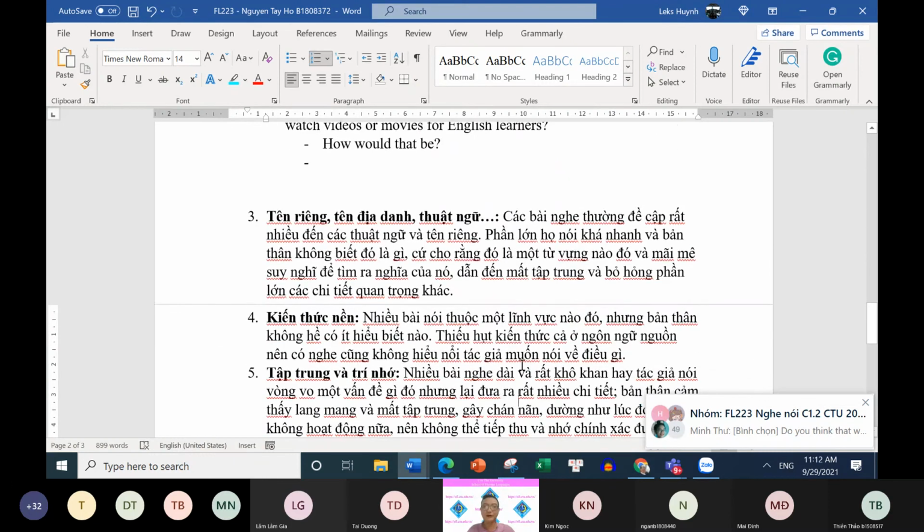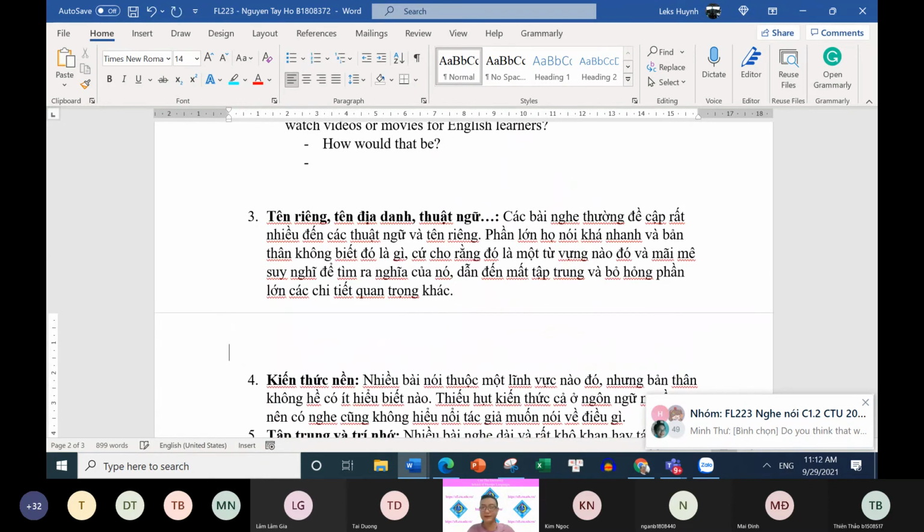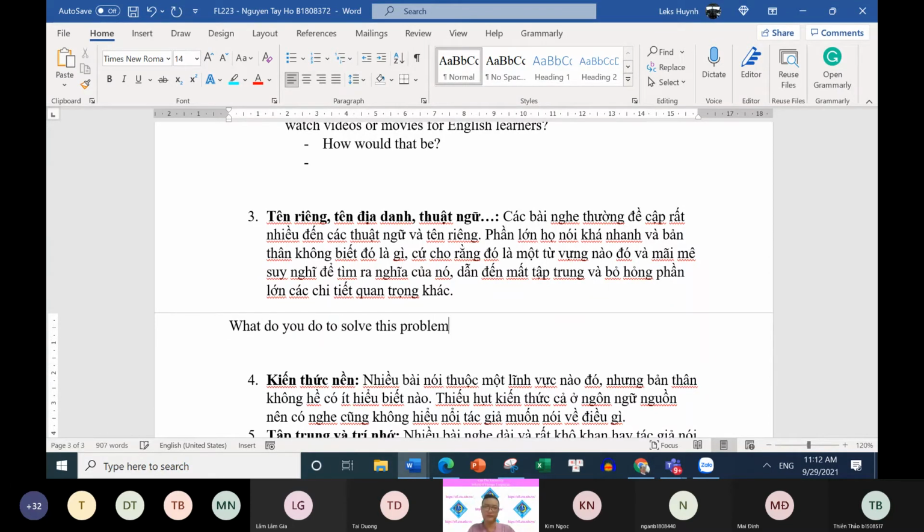So we need to move on a little bit further because if not, we don't have enough time. So if you have problems with personal names, names of places, or basic concepts, or difficult concepts, what do you do? I usually look up a dictionary or just Google it and find a way to pronounce it correctly.